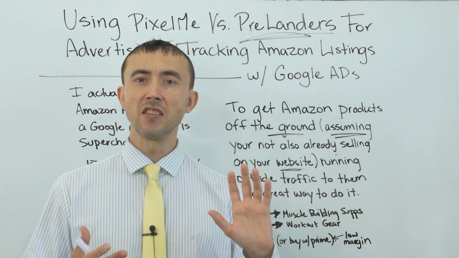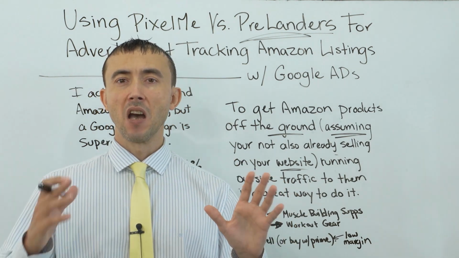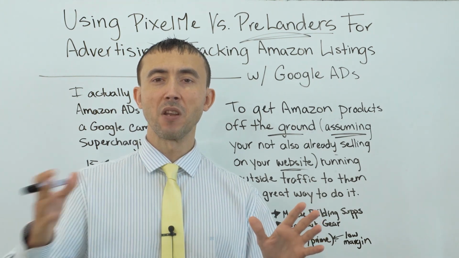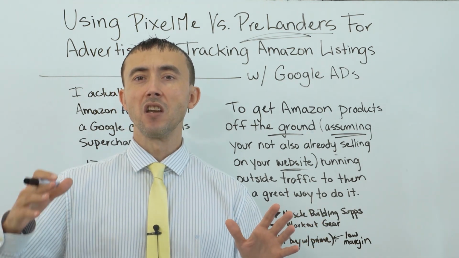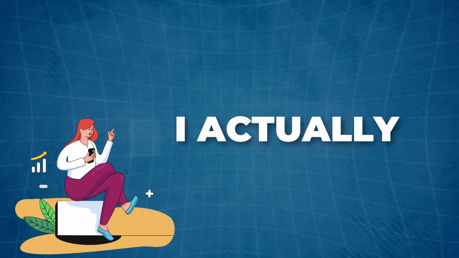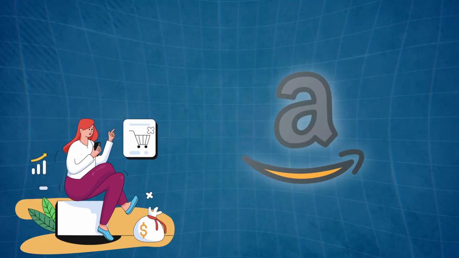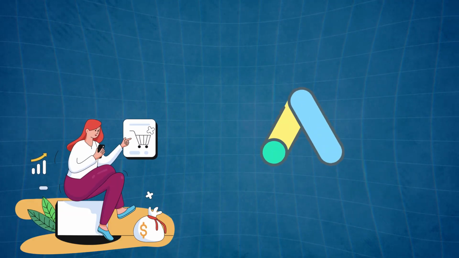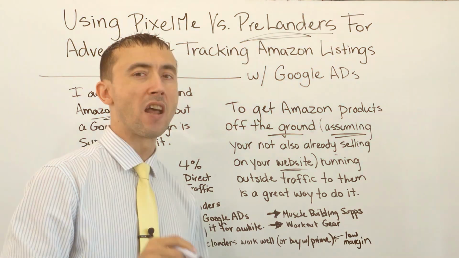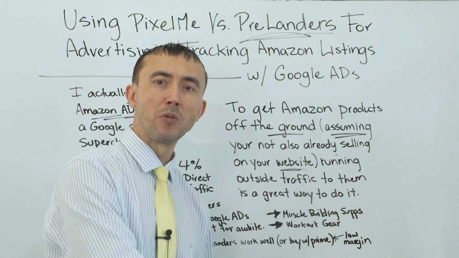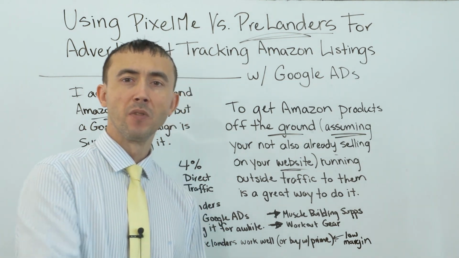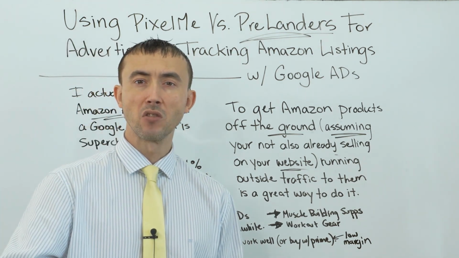But in the case that I'm selling on my main website, I'm going to push the traffic there because I'm going to get the crossover traffic, at least with the goal of getting Amazon going, getting ranked there, and so forth. I actually recommend Amazon ads first before a Google campaign if you plan on driving traffic to your Amazon listing, assuming you don't have a website and you just have an Amazon store.